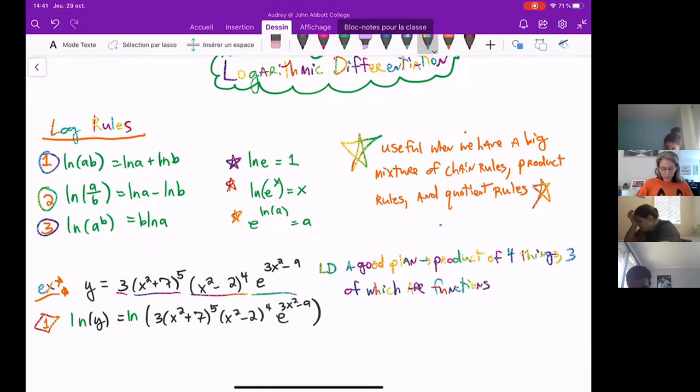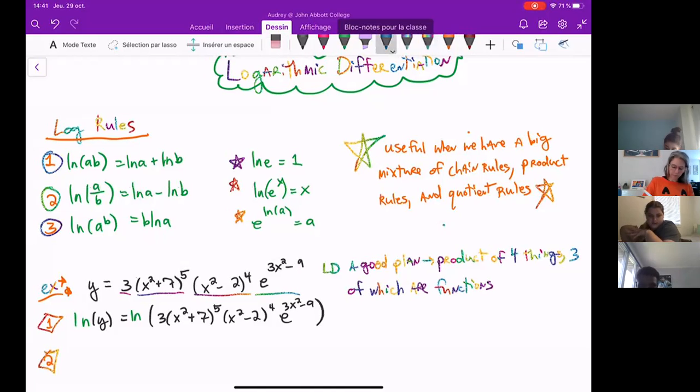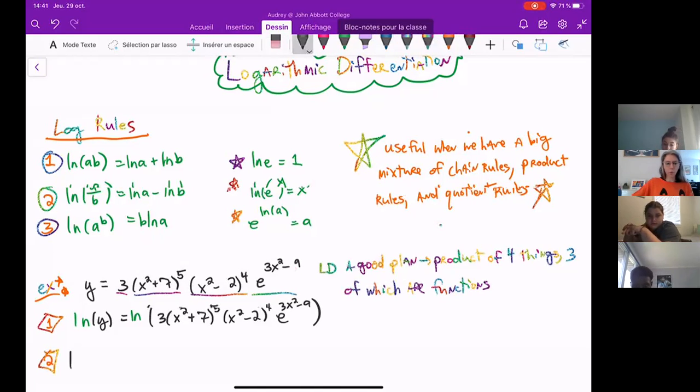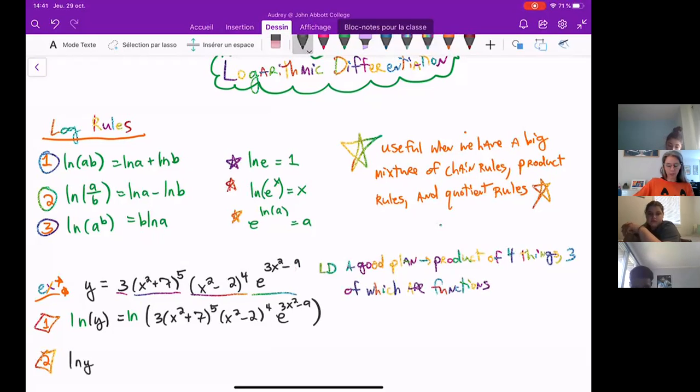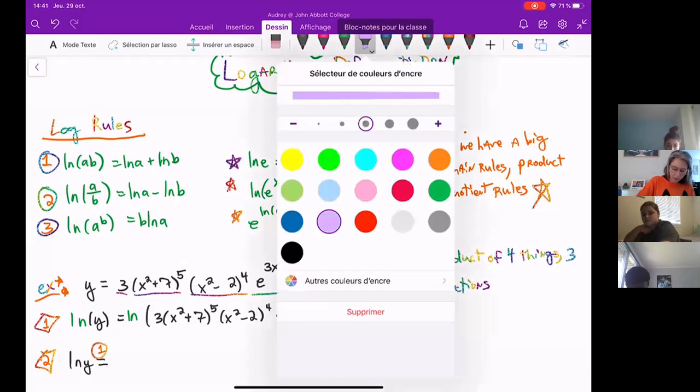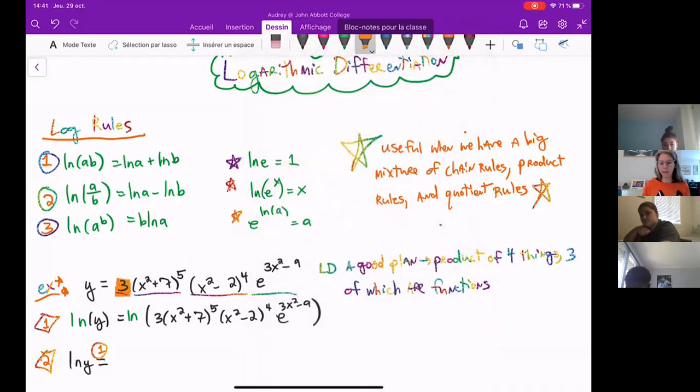Okay, so what is the first log rule that we're going to use here in our step 2? So now we want to simplify. Which rule am I going to be using here? You got it, rule 1. I'm dealing with my products first. Remember we said it's a product of 4 things, and we always want to make sure that we include the constant as one of the things in the product.